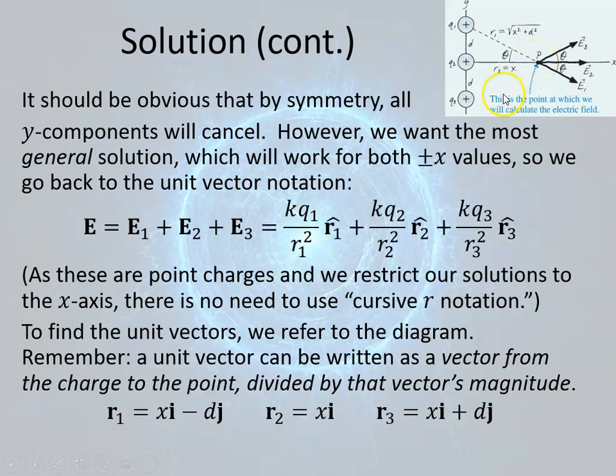So the vector going from charge 1 to P, our one vector, is xi minus dj, where i and j are the usual unit basis vectors in the x and y directions. Going from R2 to P, we just go xi. And from R3 to P, we go over x and up d, so xi plus dj.